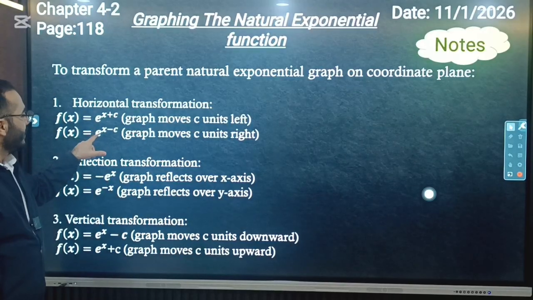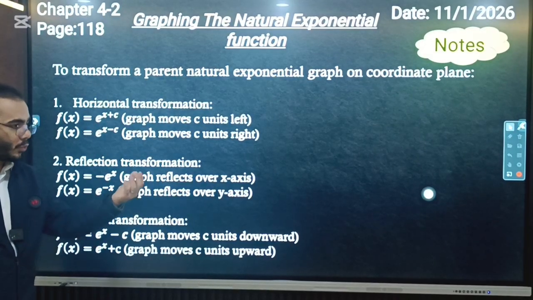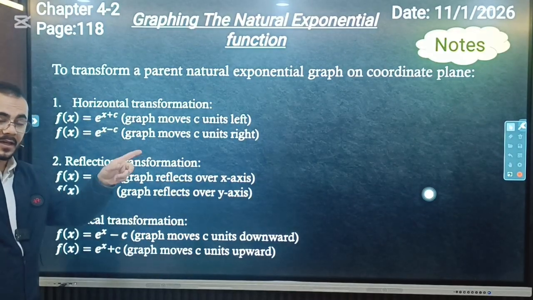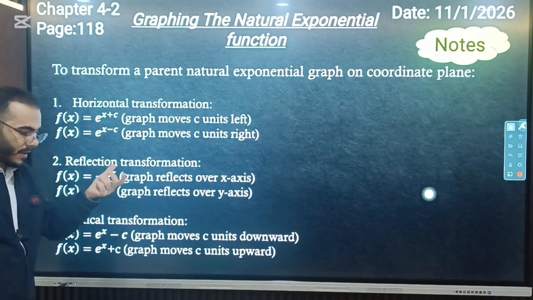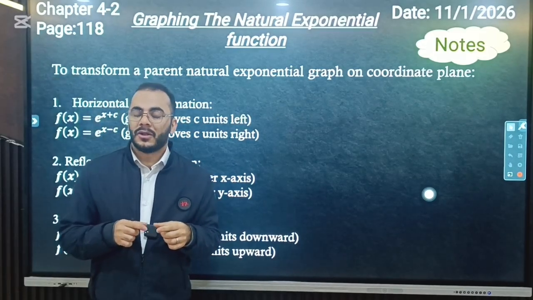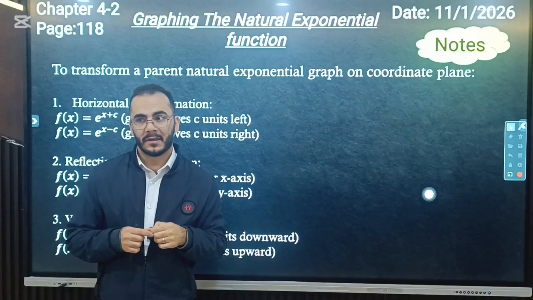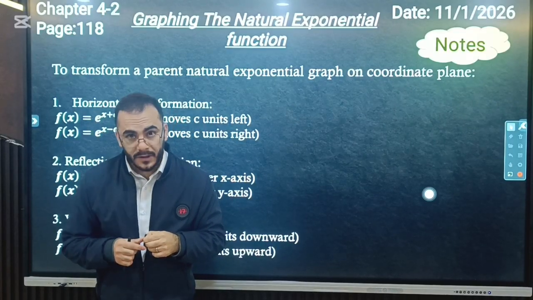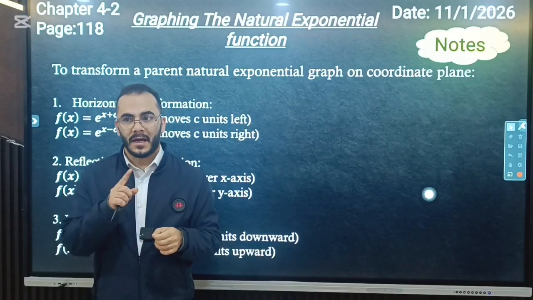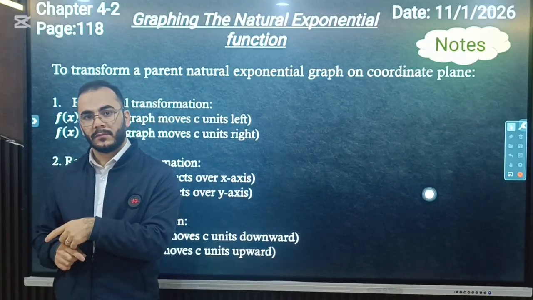And if you have got e powered by x minus c, if there was a negative in the exponent, we need to move to the right side. So let's just summarize it. If we have a natural exponential function and in the exponent there was a number subtracted or added to x, if it was positive, like x plus c, we will move to the left.